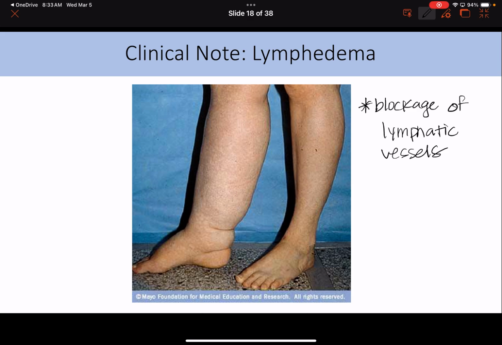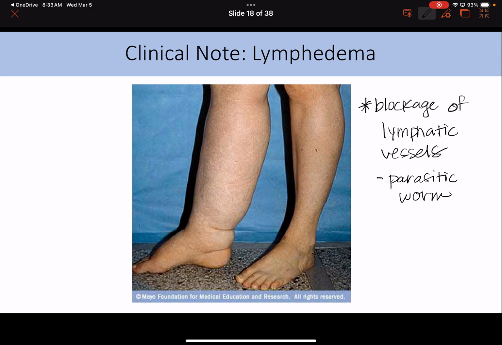Could be due to an infection. One common infection that causes lymphedema is parasitic worm infections. Which white blood cell would be fighting off any parasitic worm infection? Eosinophil.